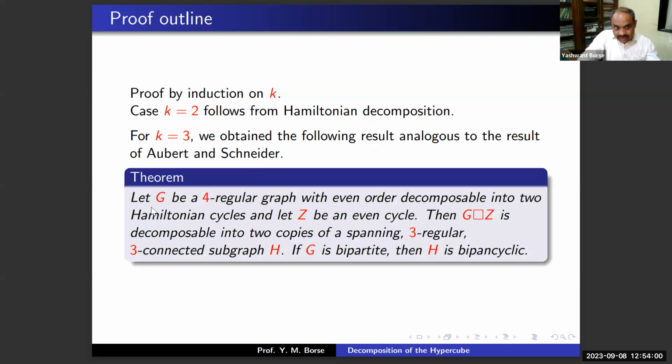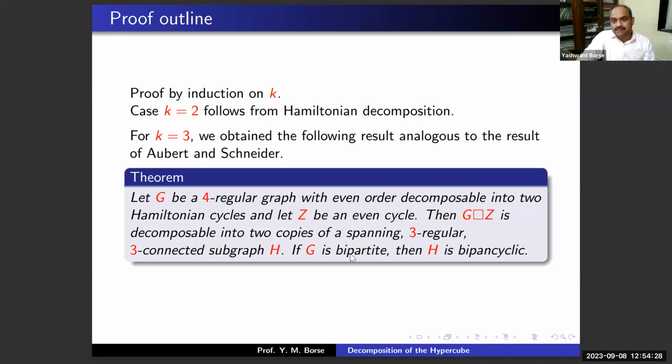Recall that theorem: when G is a 4-regular graph of even order, decomposable into 2 Hamiltonian cycles, and Z is an even cycle, then Aubert and Snyder say G product Z can be decomposed into 3 Hamiltonian cycles. We say these can be decomposed into 3-regular, 3-connected subgraphs, 2 copies.